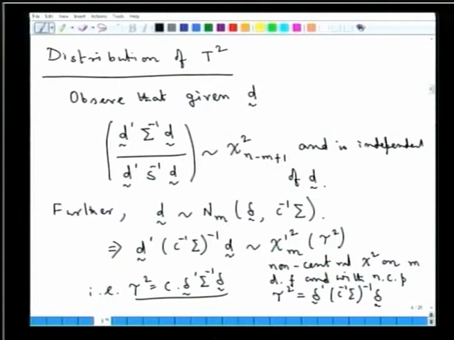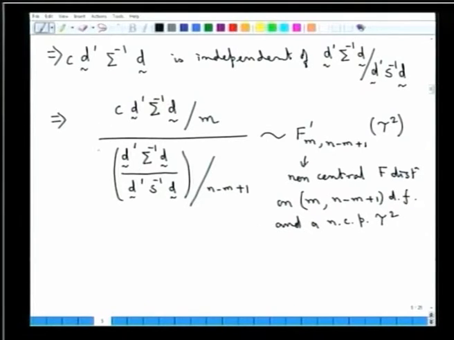So using this central and the non-central chi-square, we frame this particular ratio, which has a non-central F distribution on the degrees of freedom and the non-centrality parameter as given above.